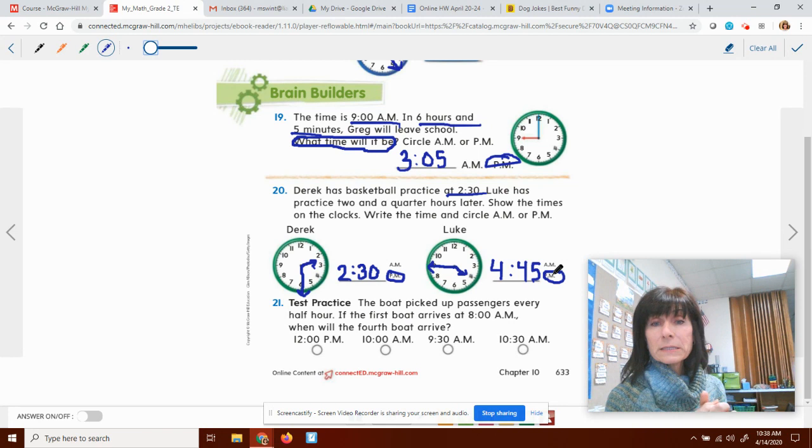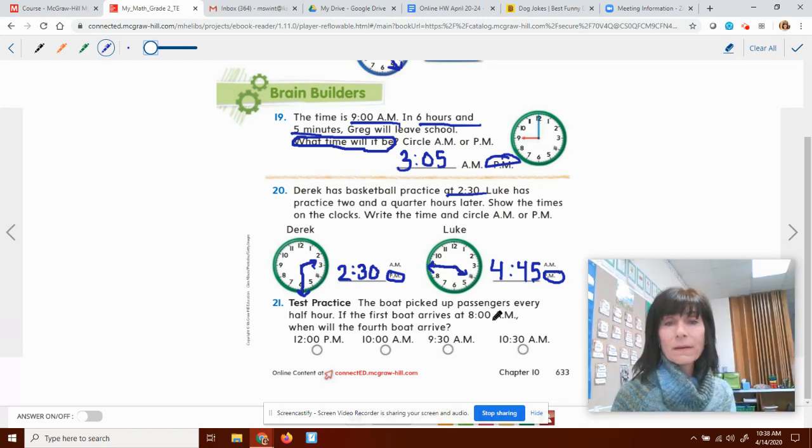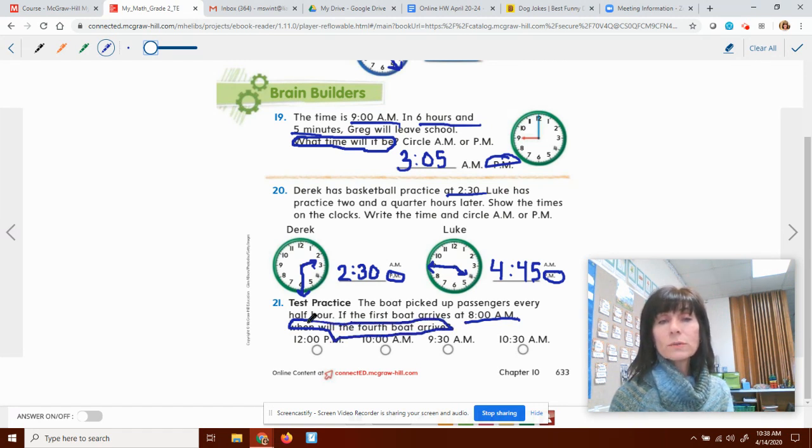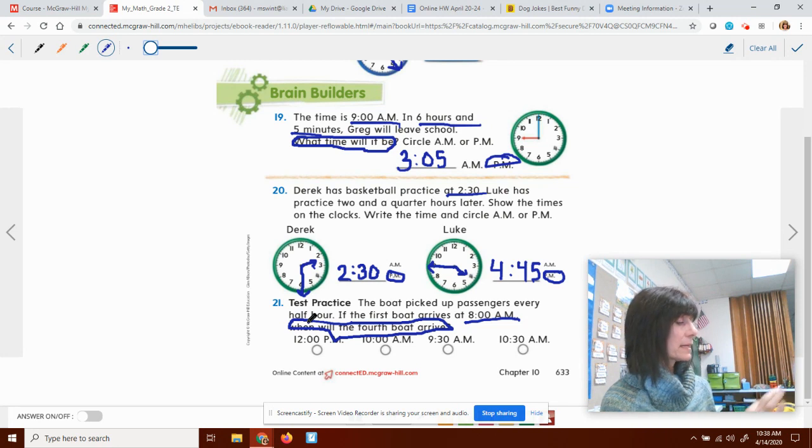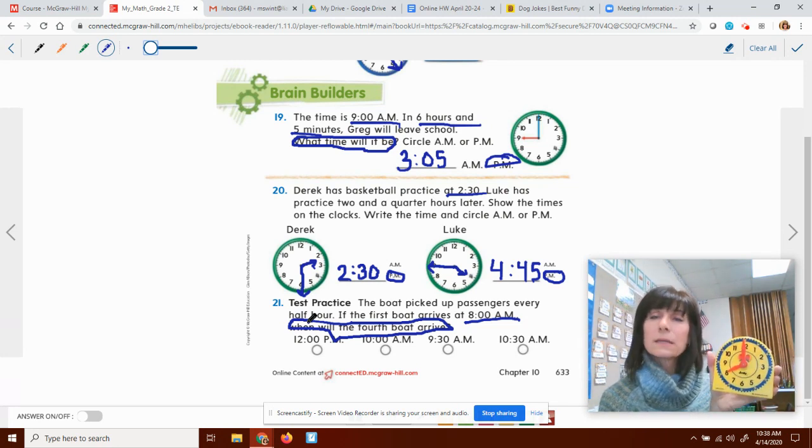The boat picked up passengers every half hour. If the first boat arrives at 8 a.m., the question is this: when will the fourth boat arrive? So you need to go set a clock at 8 and think about 4 more hours. In something like this, you could almost use your fingers.